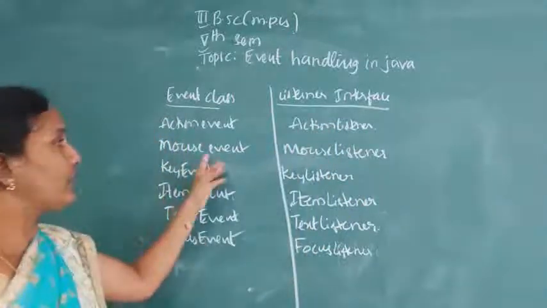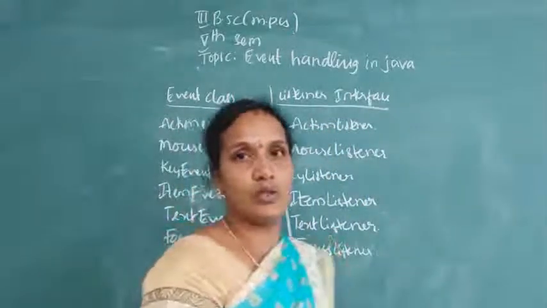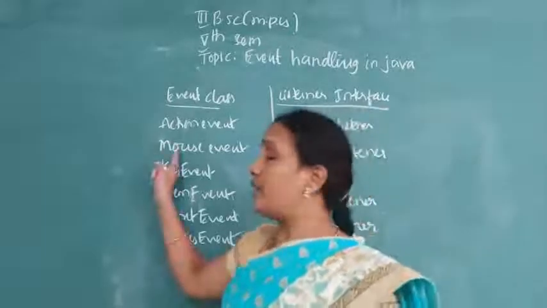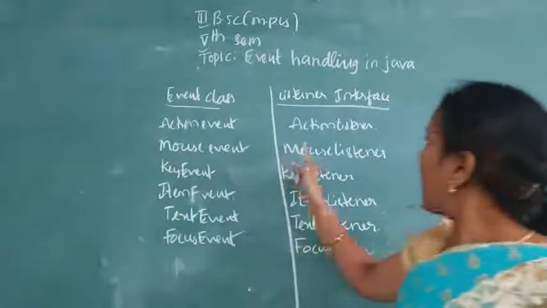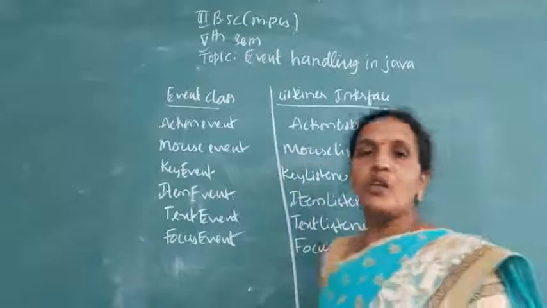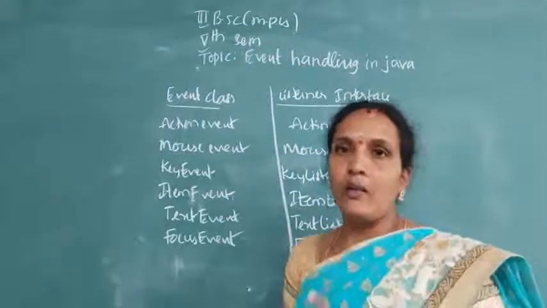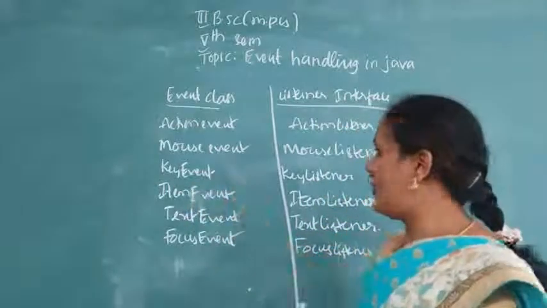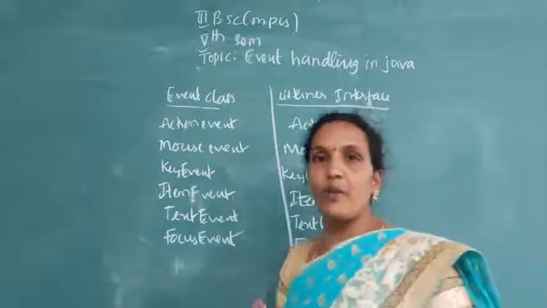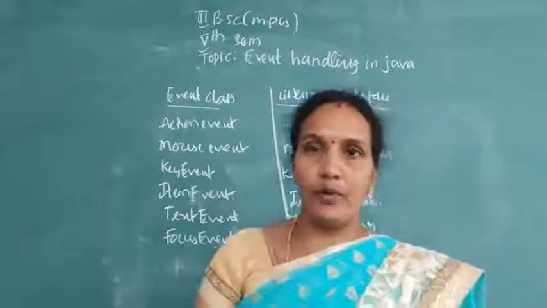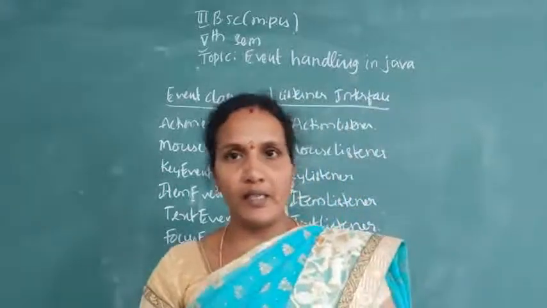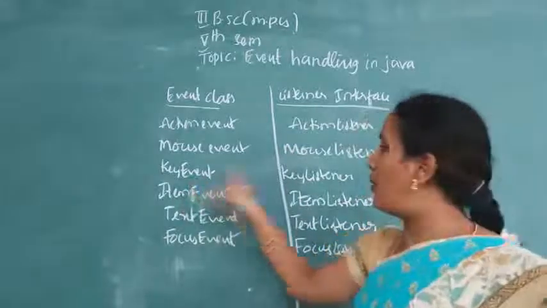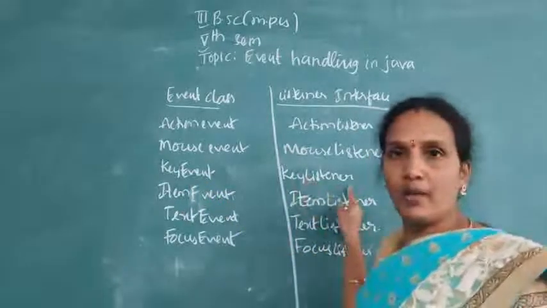Whenever you are clicking the mouse, that is a mouse event, so the mouse listener interface should be called. Key event means whenever you are pressing any key on the keyboard, so when a key event is performed, the key listener should be called.